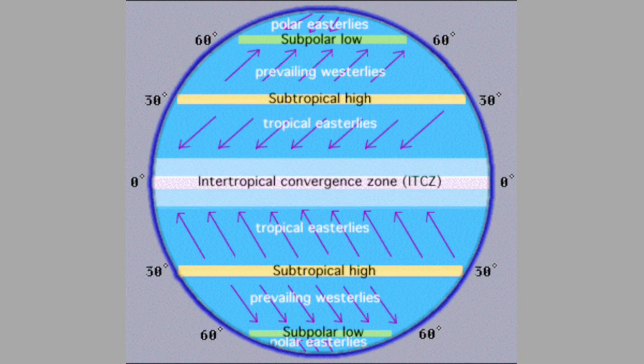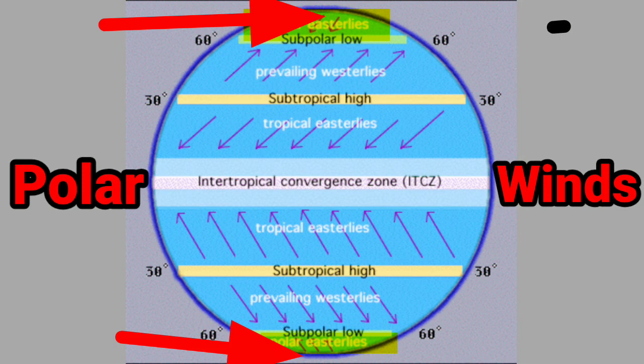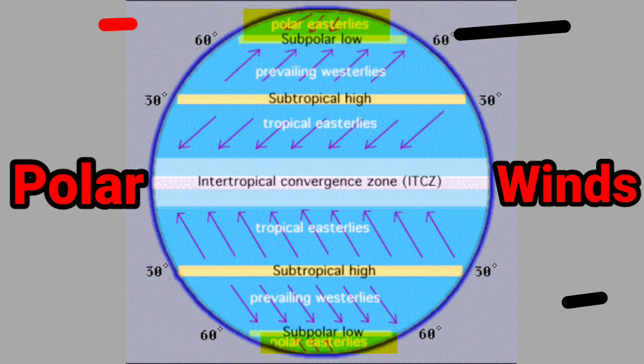The next permanent wind is polar winds. The polar winds blow from the polar high pressure belts to the subpolar low pressure belts. They are also known as the polar easterlies because they blow from a somewhat easterly direction.